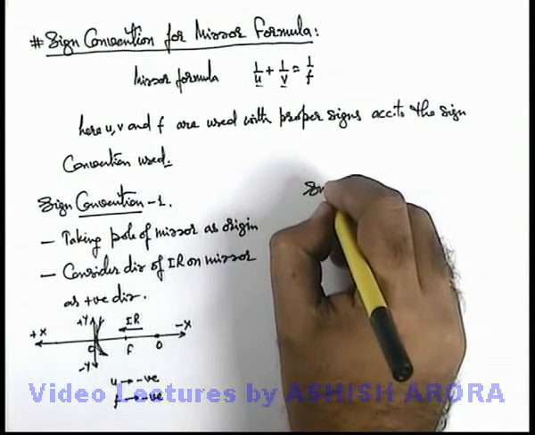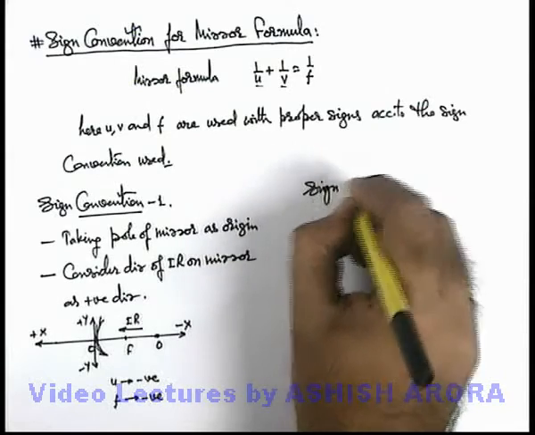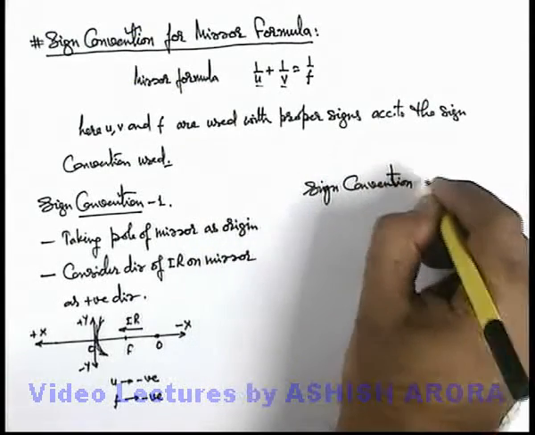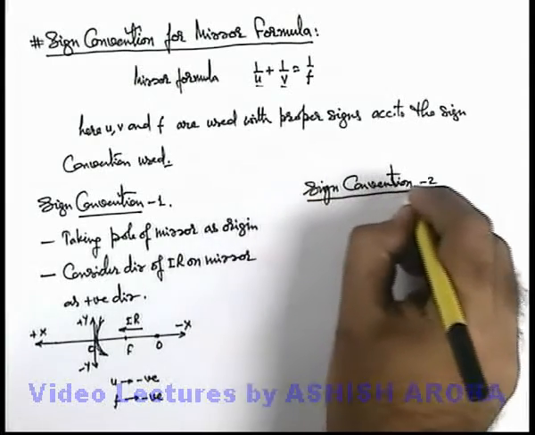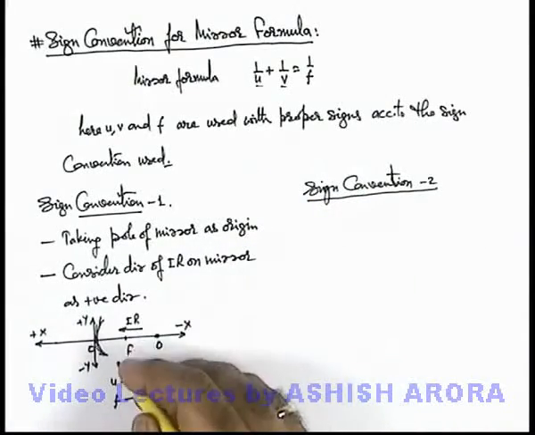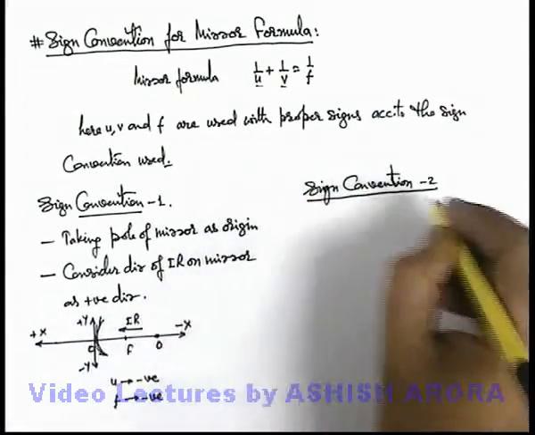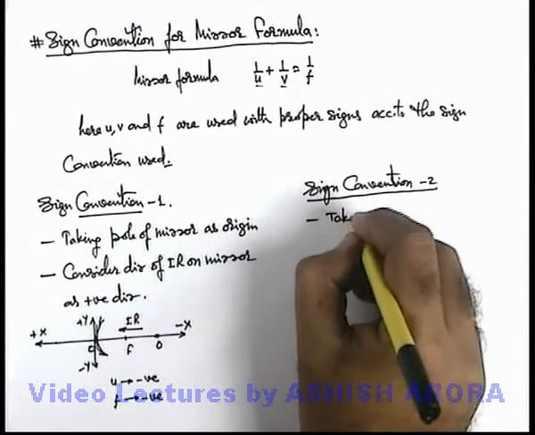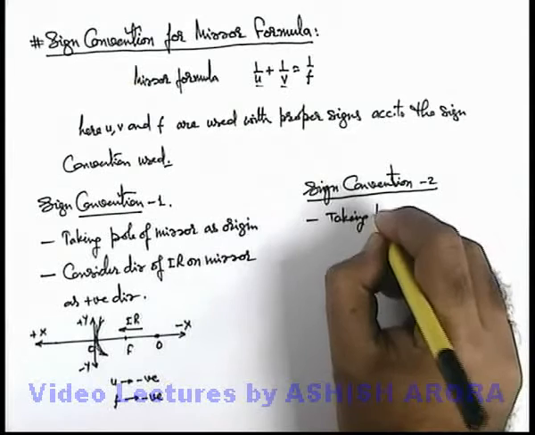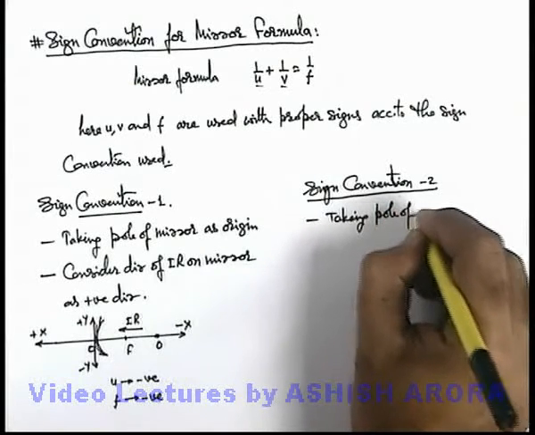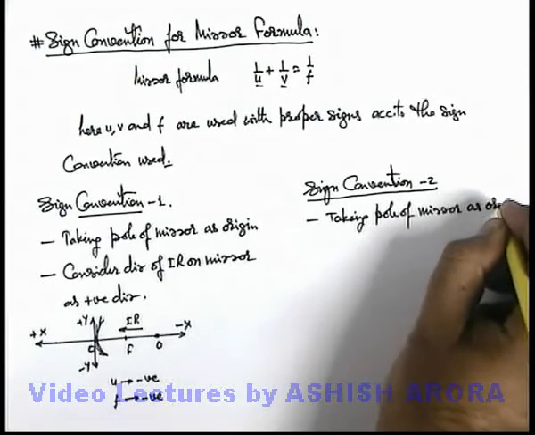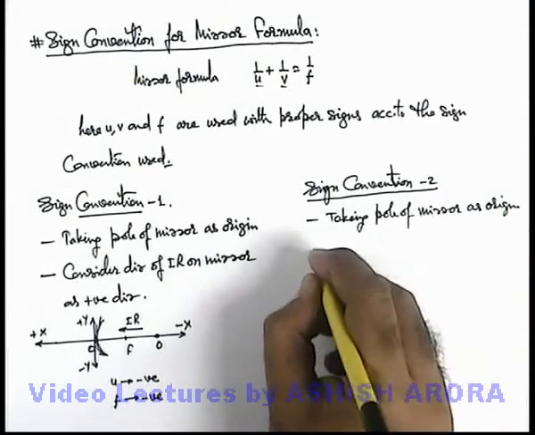Another sign convention we use is the simple coordinate convention. This is based on the direction of the incident ray. And in the second sign convention, again the first point remains the same: taking the pole of the mirror as the origin of the coordinate system.